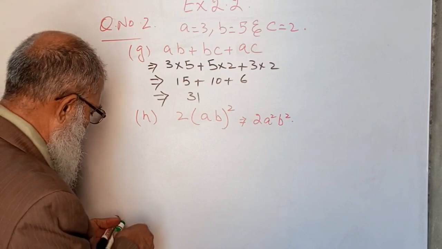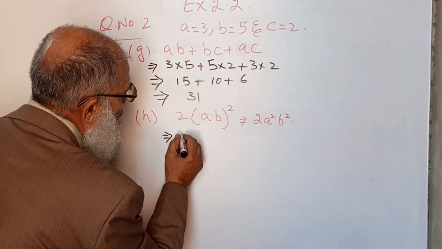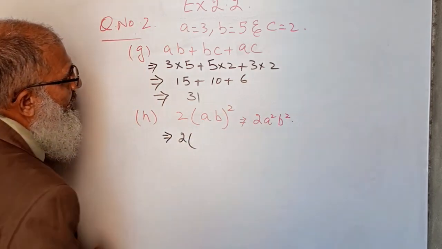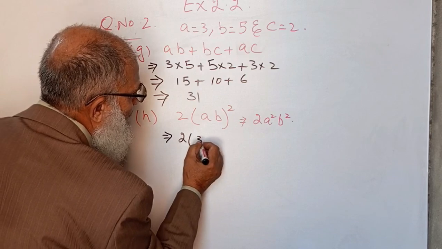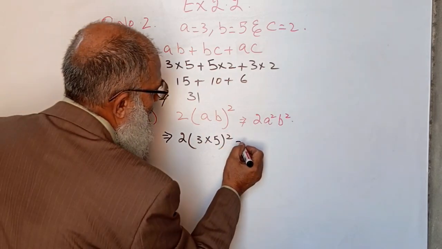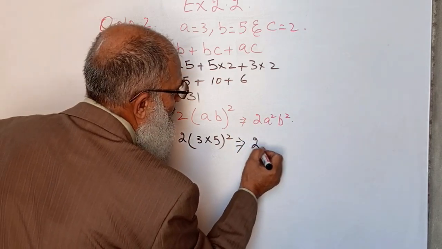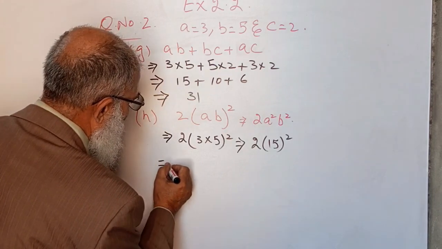So we can do it in direct form also. 2 multiplied by AB. Now AB is 3, 5, 15, and it will become square. Now it is 2 and the square of 15.